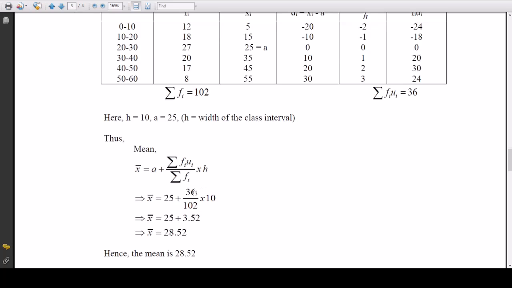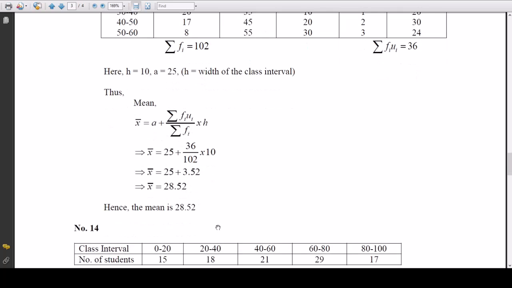If you divide 36 by 102 and multiply with 10, you get 3.52, and adding with 25 we get 28.52. Hence the mean will be 28.52.